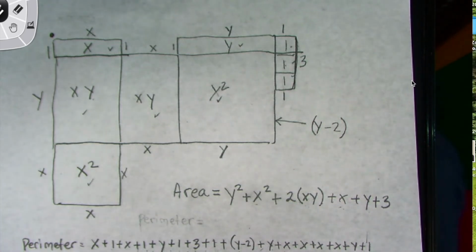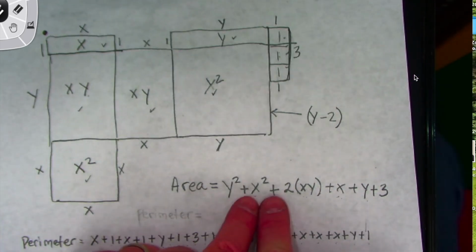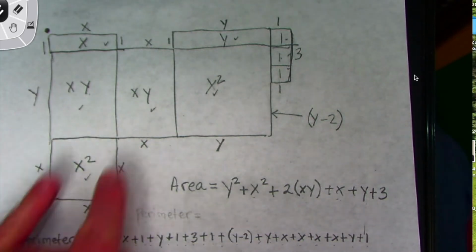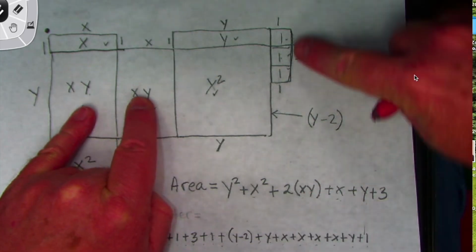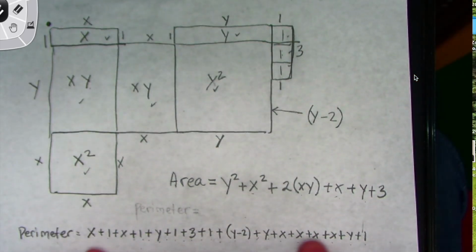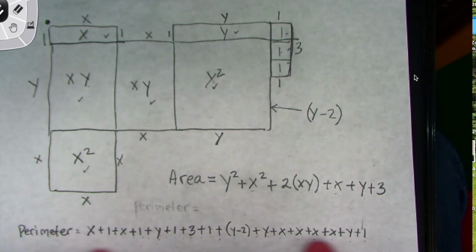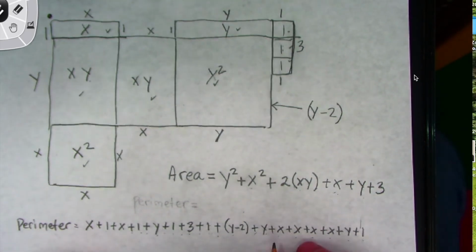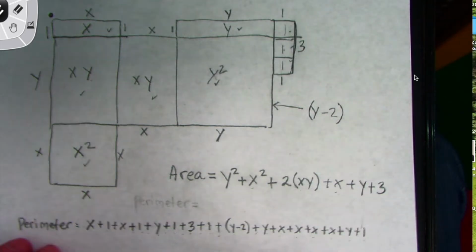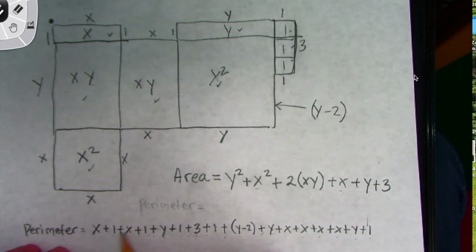All right, so now I want to simplify this expression. My area is already simplified. It's pretty simplified because the only thing that was repeating was 2xy's and these 3 that we added up already, right? But there's a lot here that needs to be combined if we're going to simplify this expression. There's a lot of x's, there's a lot of y's, so let's figure out what we got. And it's okay for you to mark up your expression.